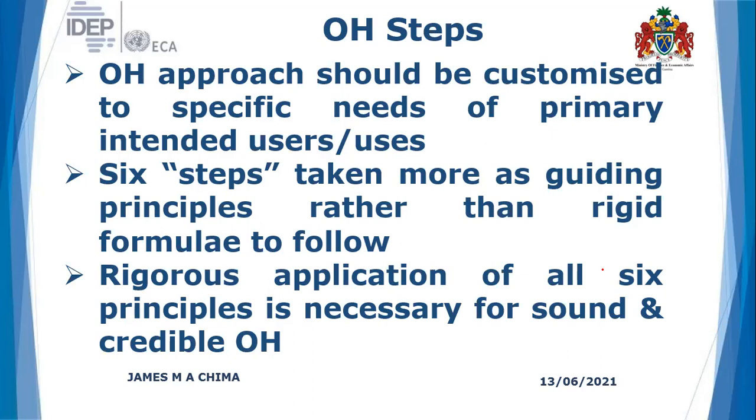So there are 6 steps that are taken more as guiding principles rather than rigid formula to follow. What we should note, though, is that the rigorous application of all the 6 principles is necessary to have a sound and credible outcome harvesting process.